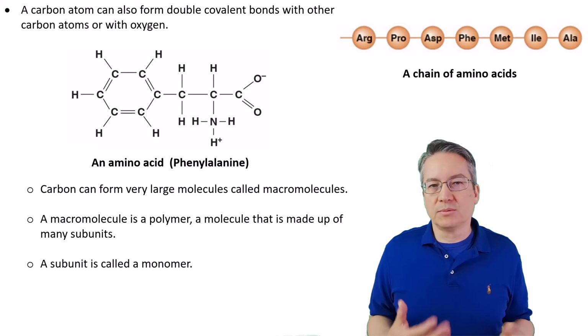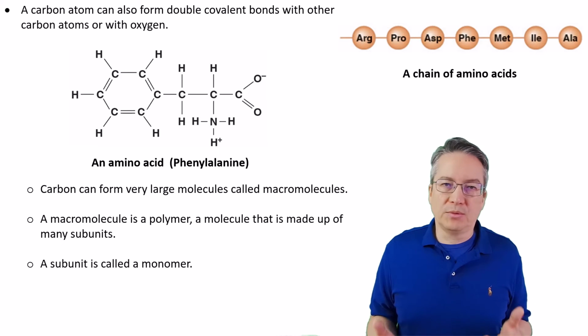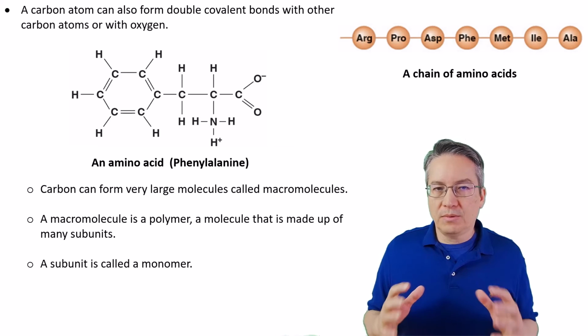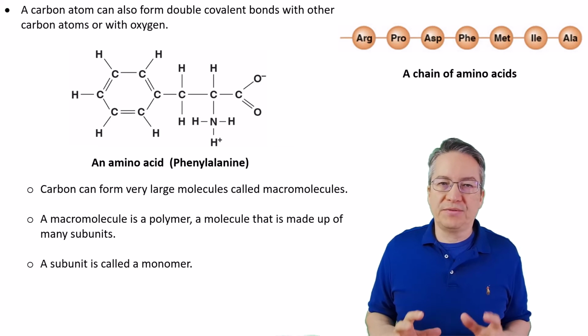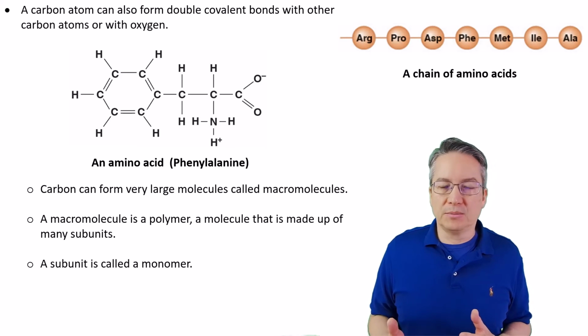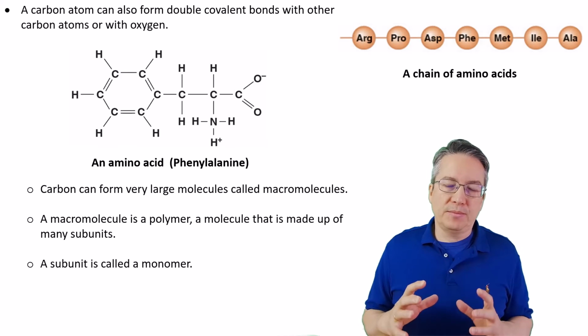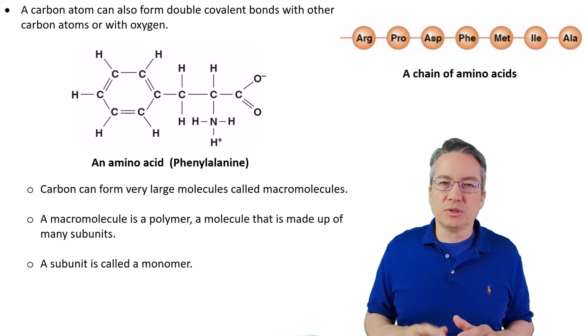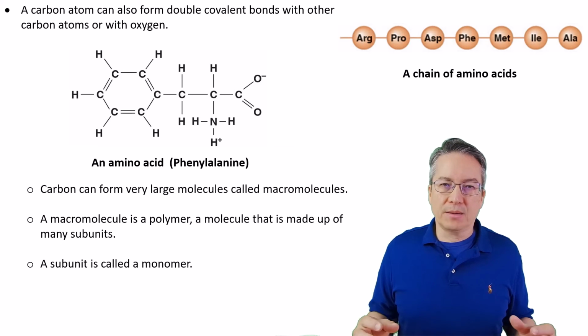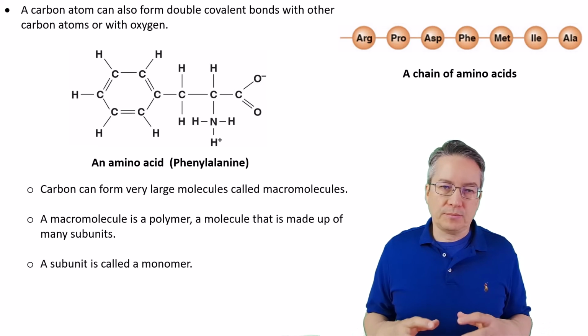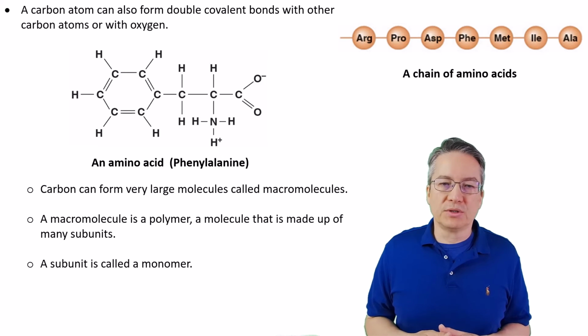And of course, it's possible for carbon to also form double bonds with yet other atoms. So the main point here is that carbon's very flexible. It can make single bonds, it can make double bonds very easily. And this makes it possible to make very large molecules. So carbon will form the backbone of these very large molecules. And so these are the sorts of molecules that are found within your body.